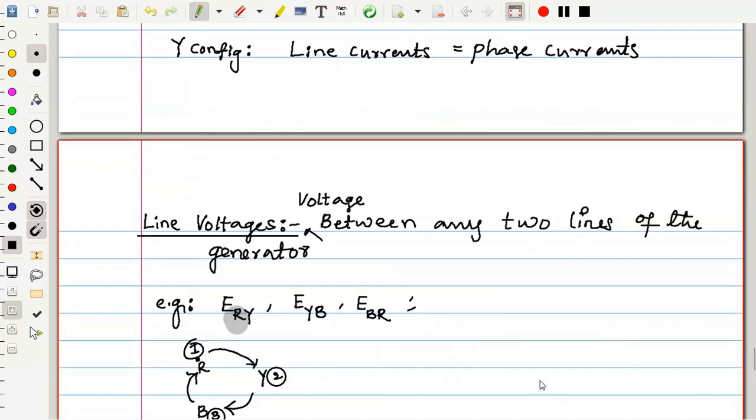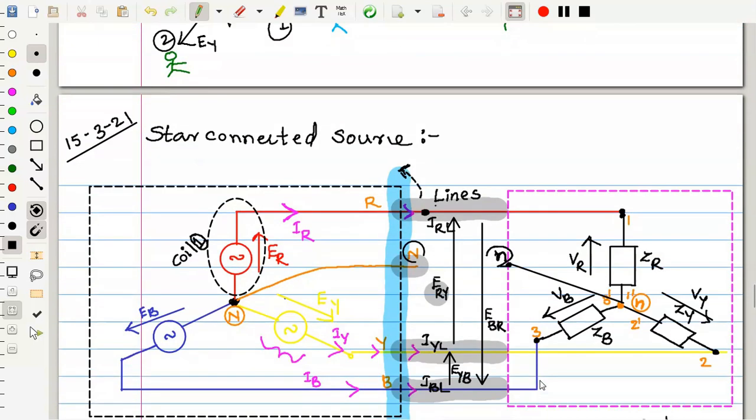This is the ultimate goal. What are the line voltages? See that. Now I know the R phase voltage, I know the Y phase voltage, I know the B phase voltage. Can I get the line voltages?